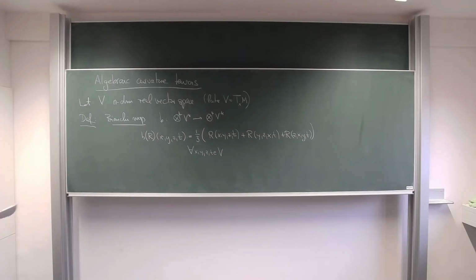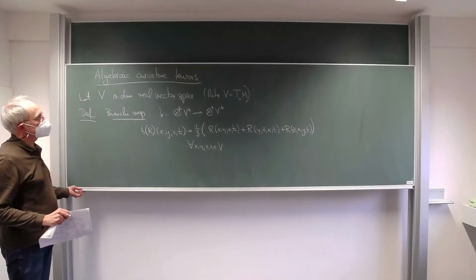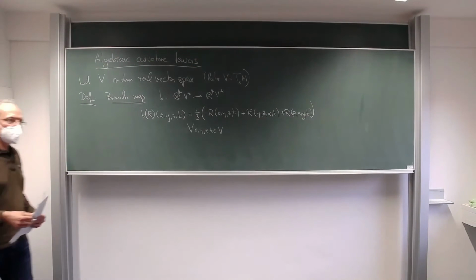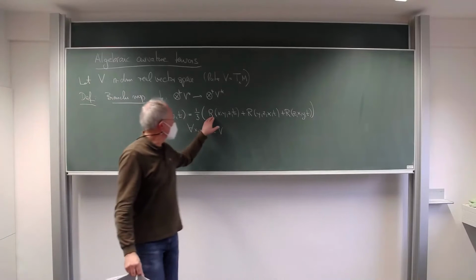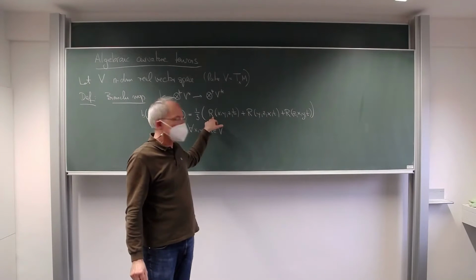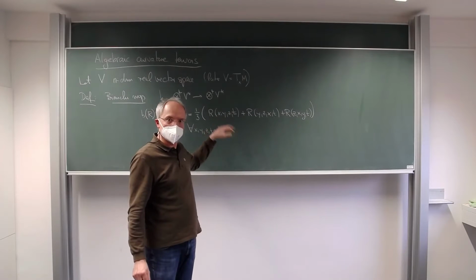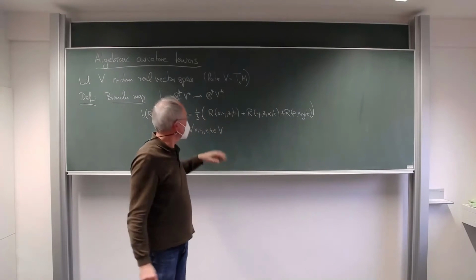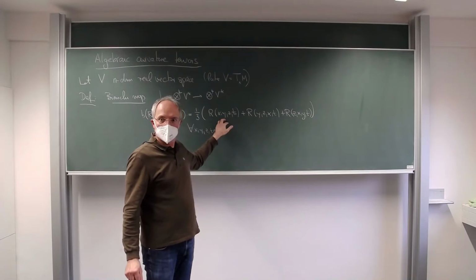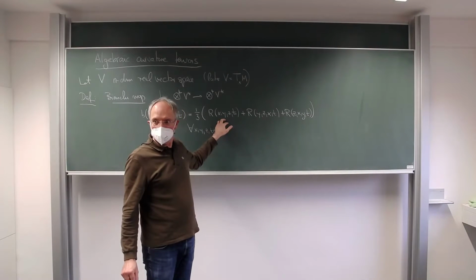Well, and so what are the properties of this map? If you remember that if this was the Riemann curvature tensor of a Riemannian manifold as a (0,4) tensor field, so you lower all indices, then vanishing of this expression is exactly what we call the Bianchi identity.